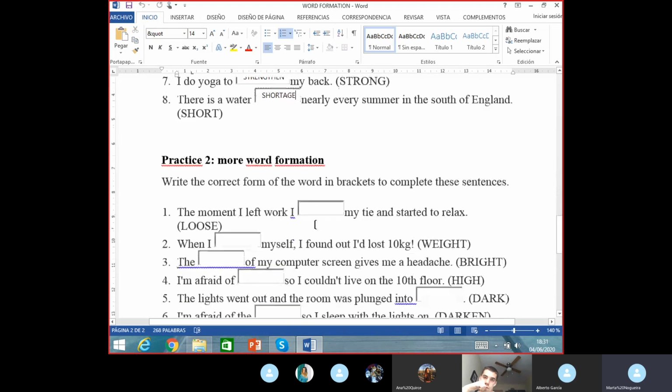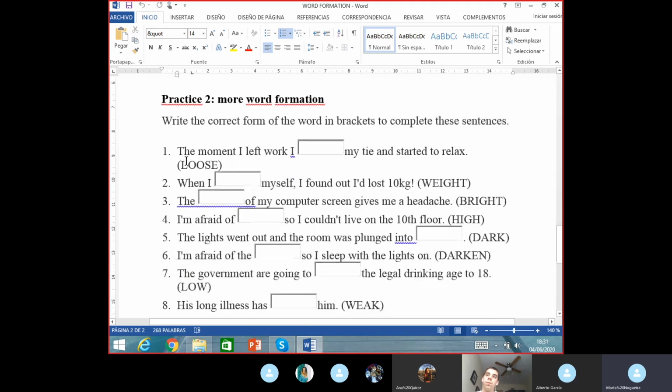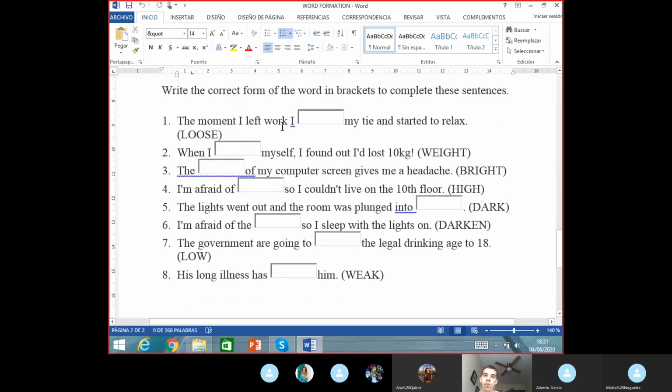Okay, more word formation. 1, the moment I left work, I loosened my tie and started to relax. Why did I put the past simple? Because I have past and past, okay? 2, when I weighed myself, I found out I'd lost 10 kilograms.